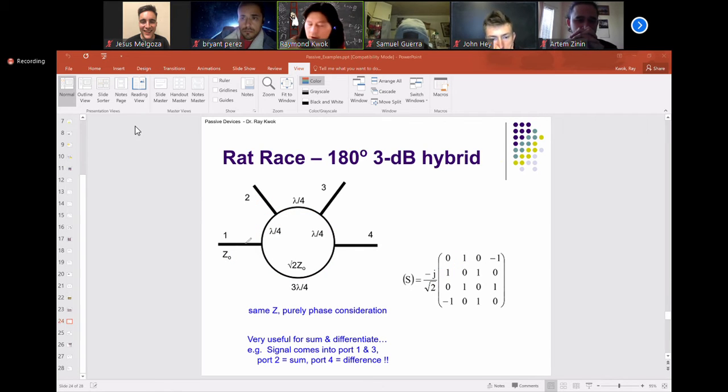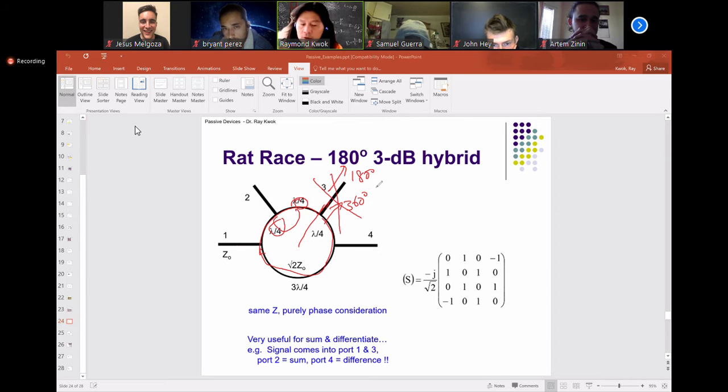Okay, so how about port 3? If I want to send a signal to port 3, this path is 180, right? Because it's 2/4 wave. But if I go to the other side, there's one wavelength, 360. So these two are 180 degrees different. That means they cancel. That means 0. There's no power going to port 3, right? That's why port 3 is 0.